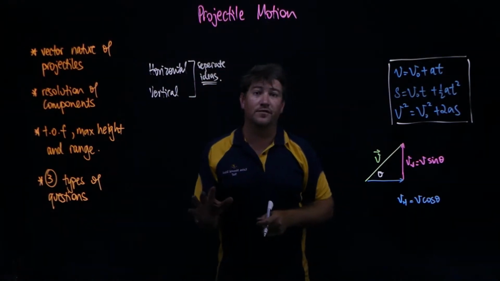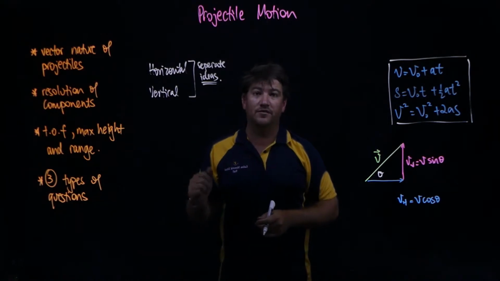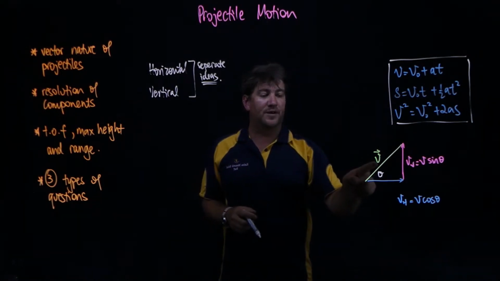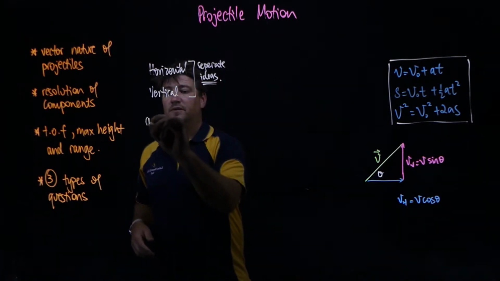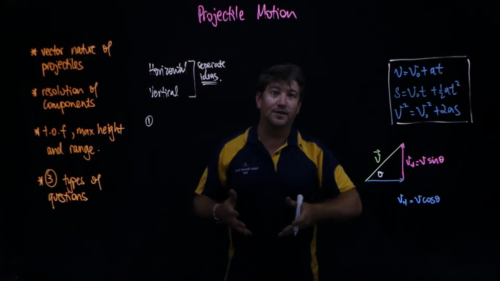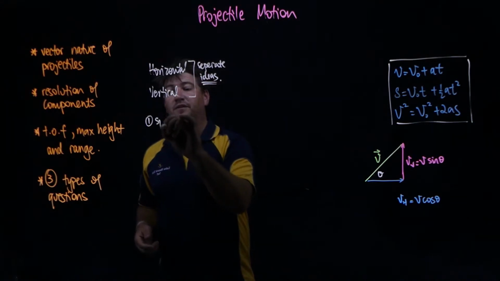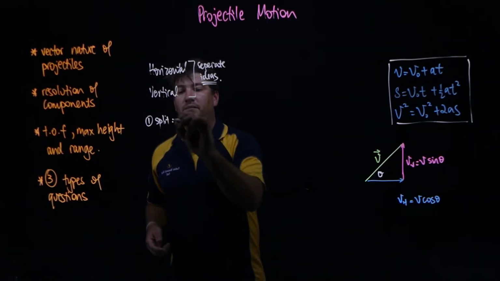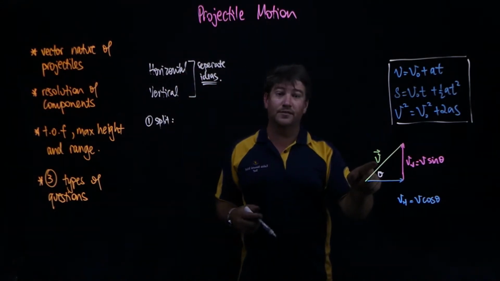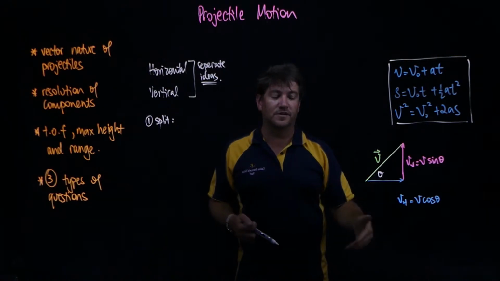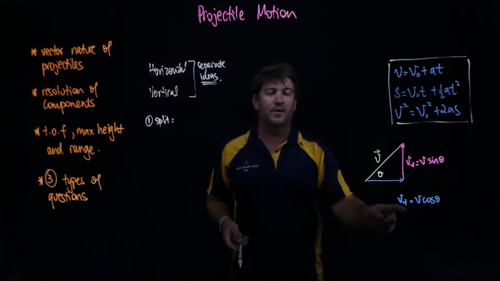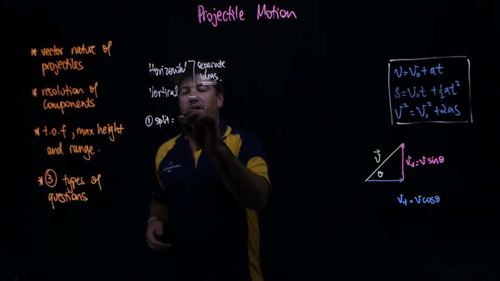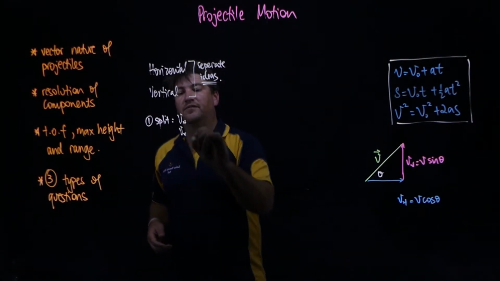One of the biggest challenges you'll find in this section is to keep these two things separate, and also separate from the overall launch velocity. The number one step I will get you guys to do is to split them. You split V, the overall launch velocity, the overall launch speed with its angle, into the vertical part and the horizontal part, VH and VV.